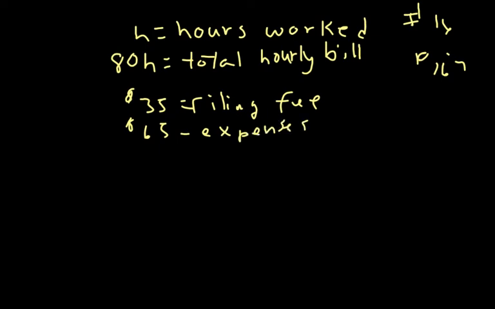So the question is, how much did they charge per hour if the total bill was $340? So that's what the total bill was. It was the bottom line. How many hours did that lawyer work?